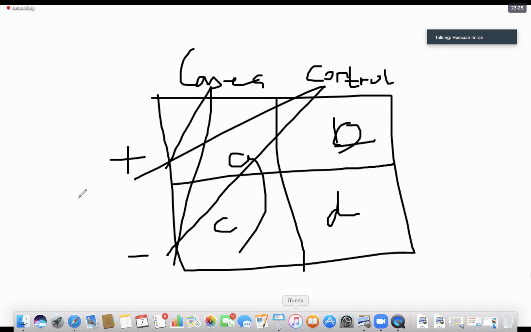So here again, now comes another thing, we'll have to calculate the odds ratio here, right? And how do we calculate the odds ratio? That is AD over BC. This is the formula.